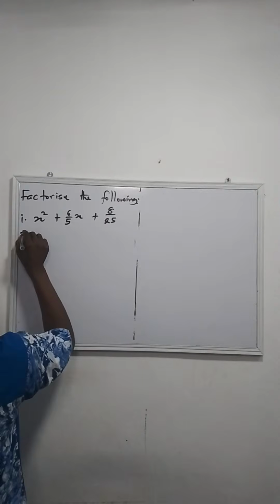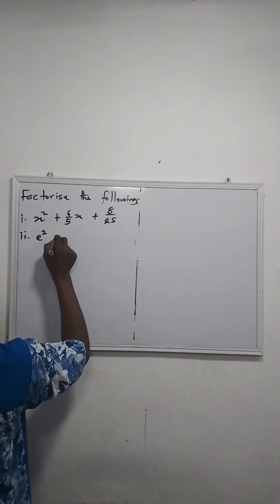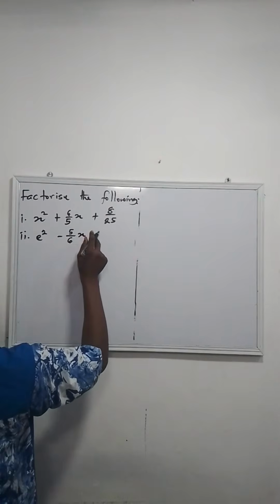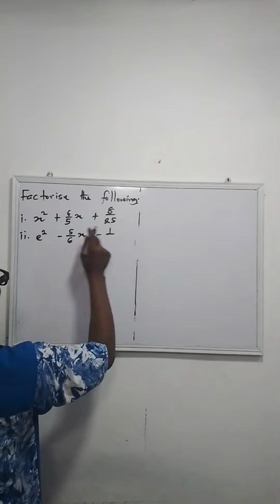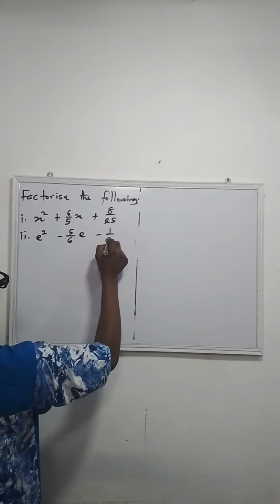And the second one, we have e squared minus 5 over 6 x minus 1, e minus 6.